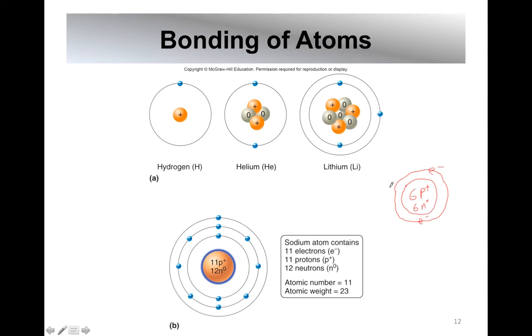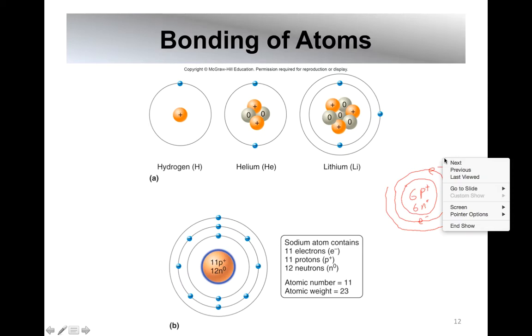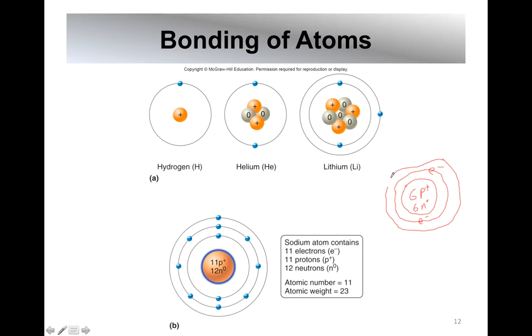And then the second electron shell can hold a maximum of 8. But there's only 6 electrons in there. So we already used 2 in the first one, so this one's only going to have 4.